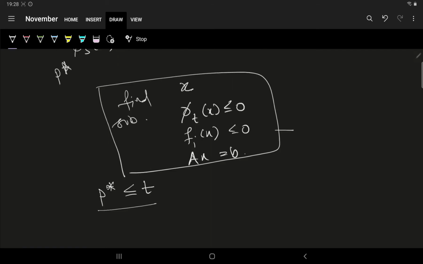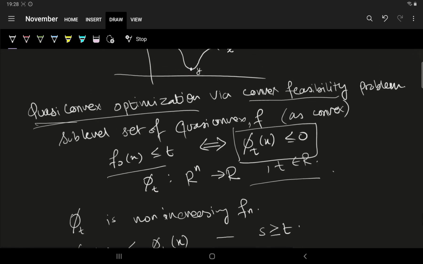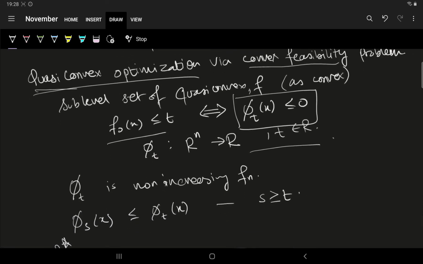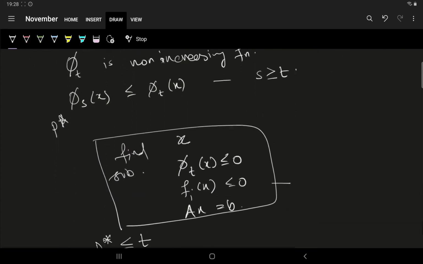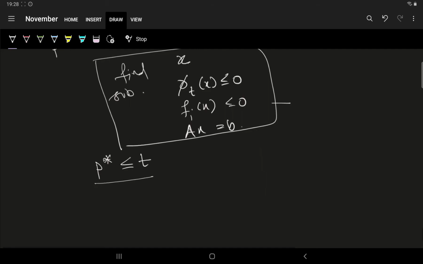So what we can see is that by solving these convex feasibility problems, we can solve the quasi-convex optimization problems, and this can be done by following a simple algorithm using bisection, solving a convex feasibility problem at each step.